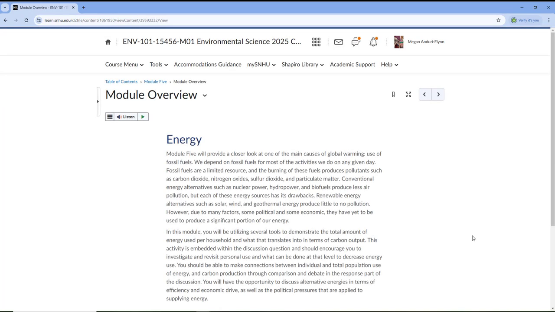With our module overview, again, we're going to be taking a look at the main cause of global warming, the usage of fossil fuels. So fossil fuels, basically, that carbon-based fuel that we acquire from long ago decayed vegetative and biological matter that now comes out of the earth in the form of coal and oil and things like that.